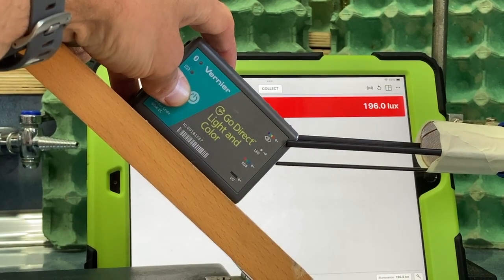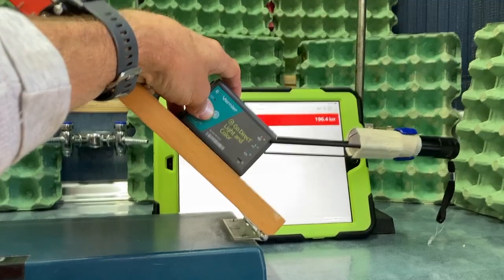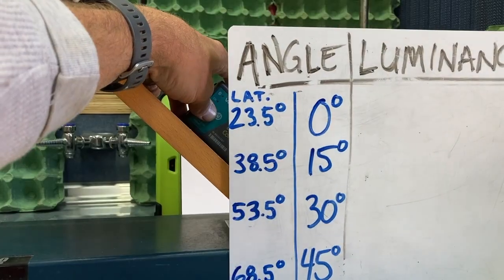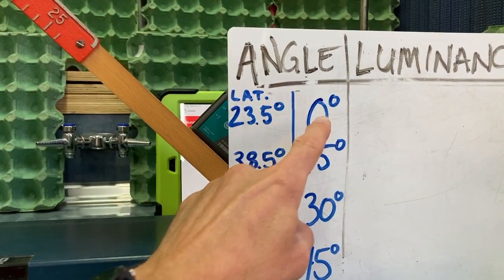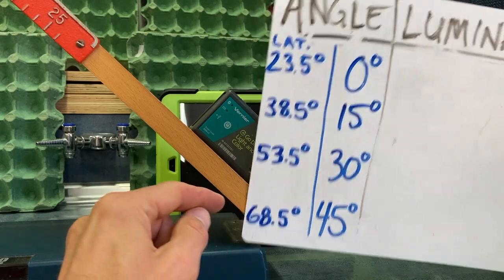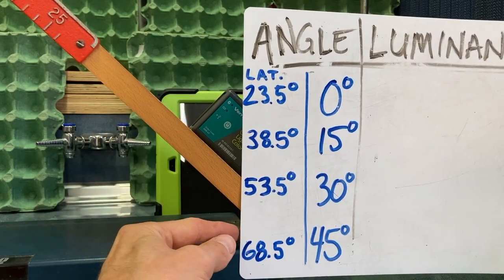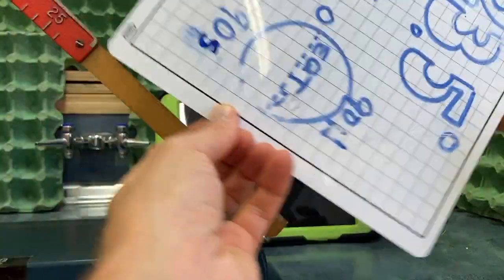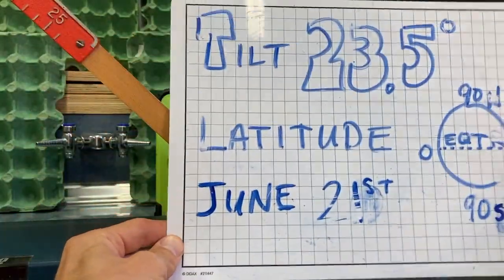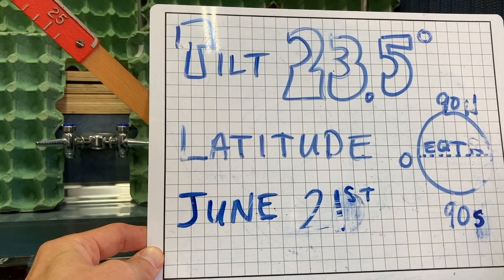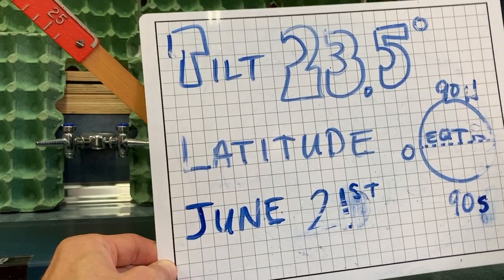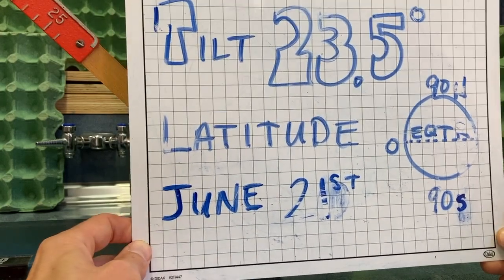All right, I hope we've recorded all of that data in your chart. Remember, these are the degrees on our ramp, and they represent these different latitudes across the globe, and that is around June 21st, when the Earth is tilted towards the sun for summer in the Northern Hemisphere.